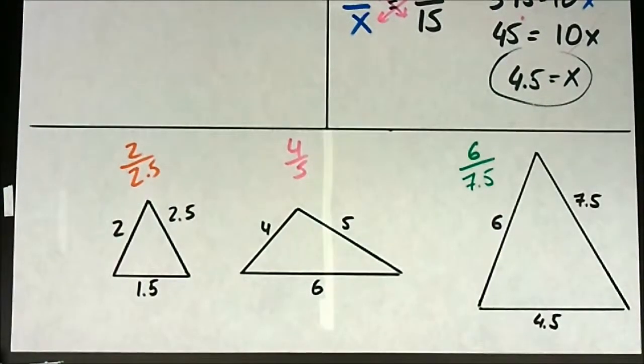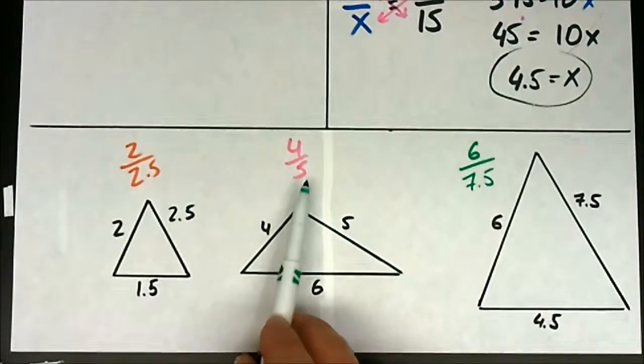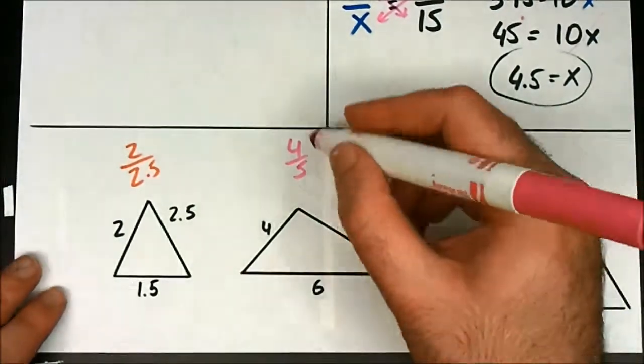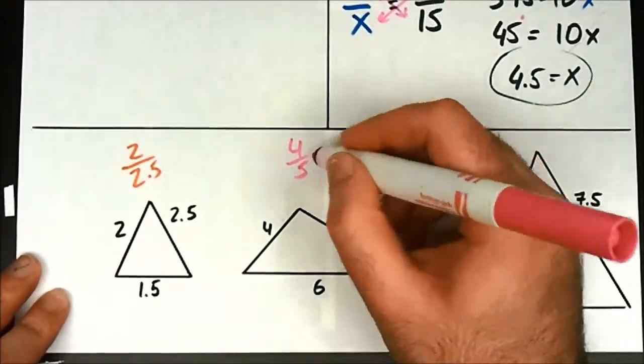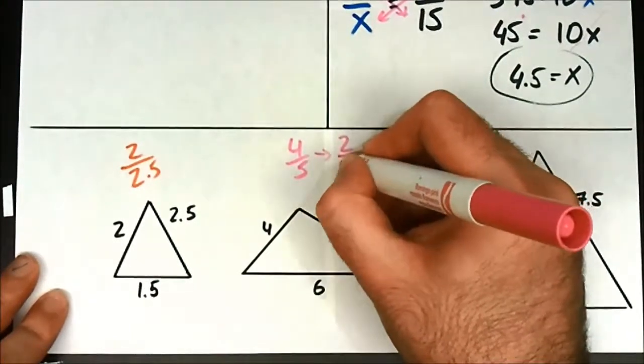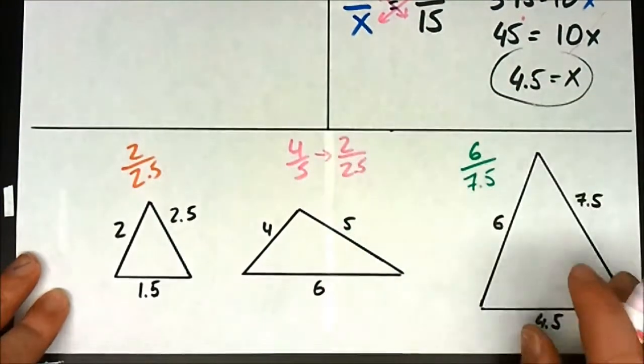But what if I compare them all to 2.5 as a denominator? What's the relationship between 5 and 2.5? It's twice as big. So if I divide this ratio by 2, both top and bottom, I'm going to get 2 over 2.5. 4 divided by 2 is 2. 5 divided by 2 is 2.5.